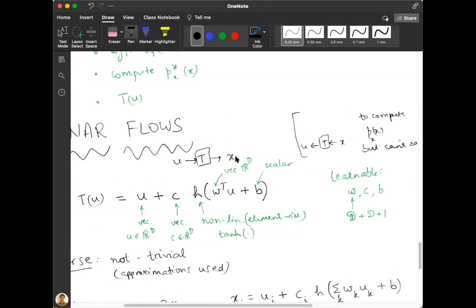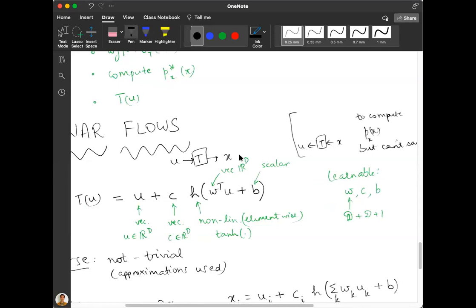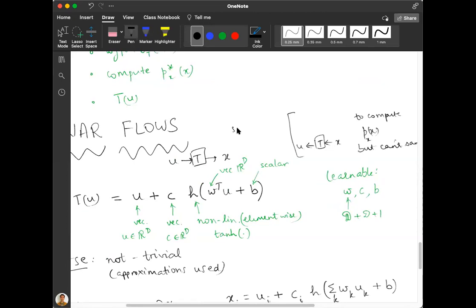But here you can sample x efficiently, but computing P_X(x) will be difficult, right? So here sampling is easy.